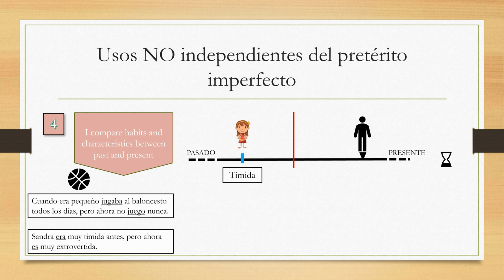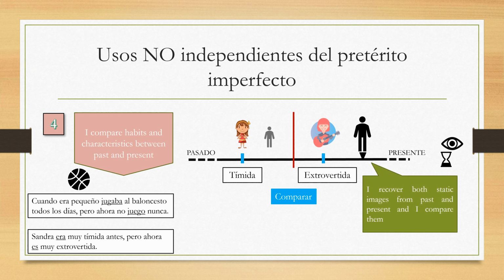Right? Tímida is in the past. Sandra era muy tímida, pero ahora es extrovertida. And comparing it, these are 2 adjectives that we could consider to be the opposite. I'm recovering both images from when I was a child or when she was a child and as she is now.